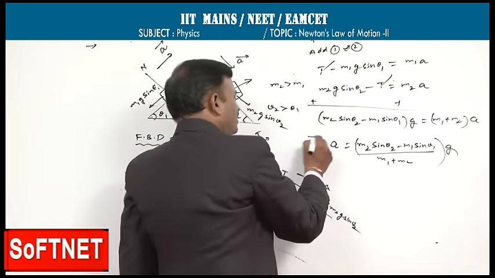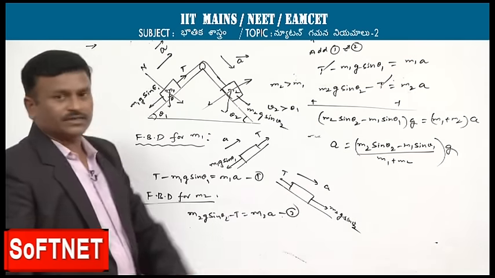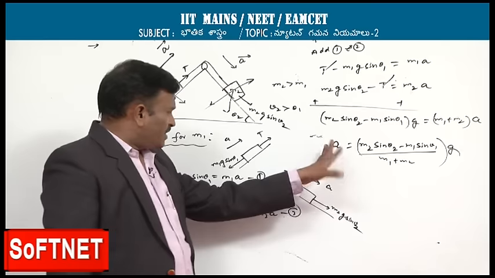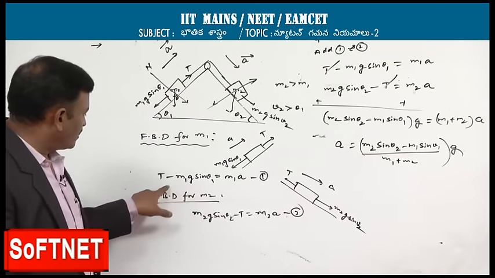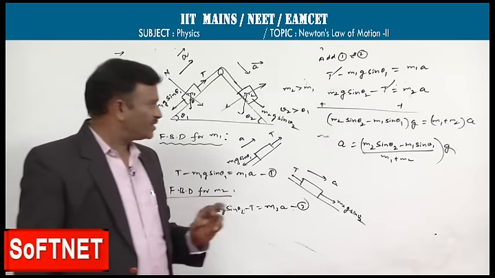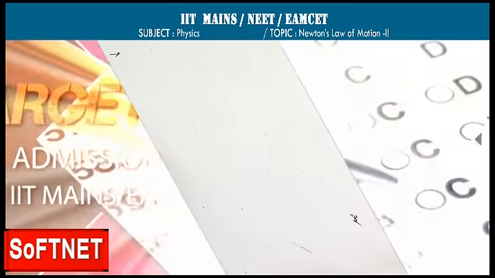This is the expression for the acceleration of the system. By substituting this acceleration in any one of the equations, in the same way as the previous models, we can obtain the tension in the string.